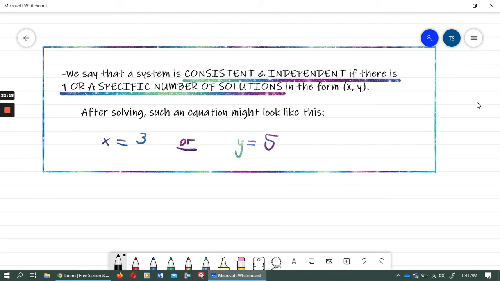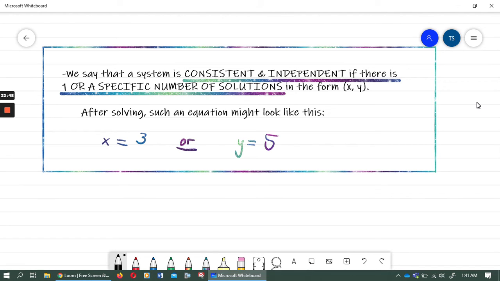All right, and so guys, pretty much all of the examples that we have looked at for solving systems of equations up to this point have been consistent and independent. When we were solving those systems, we got to a point where we literally solved the variable, like for instance, the equation might have looked like this: x equals 3.